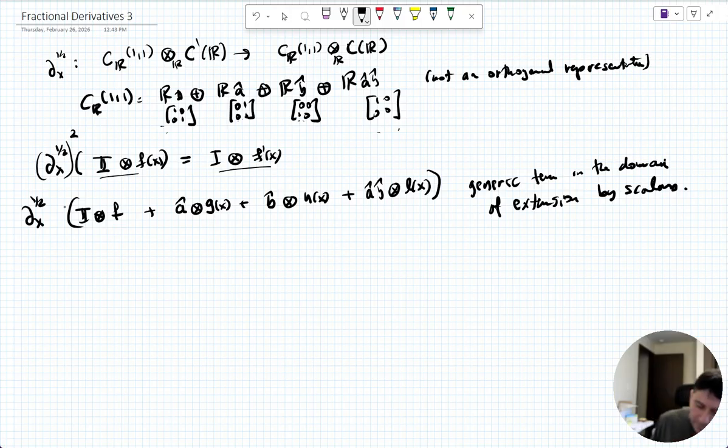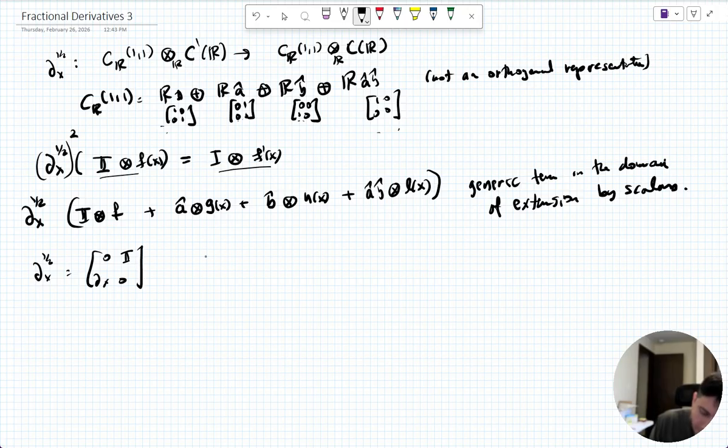The first one we know. I guess it's just a matter of doing this. So this is equal to A, remember, 0, the identity here, and then the derivative over there.